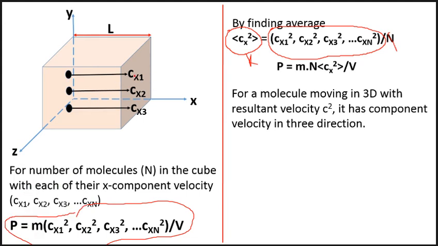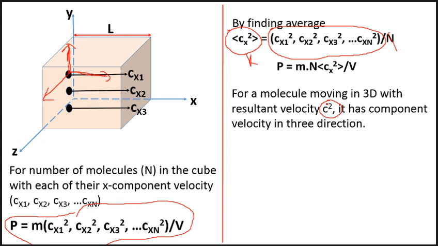Considering x direction, which is already indicated, then y direction is going to be upward. Just to indicate, this is y direction, and then the z direction is the remaining one, this is x direction. That means this molecule is moving in 3 dimensions, and the resultant velocity of the molecule is c squared.